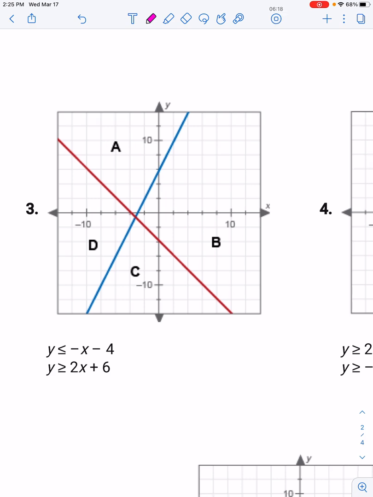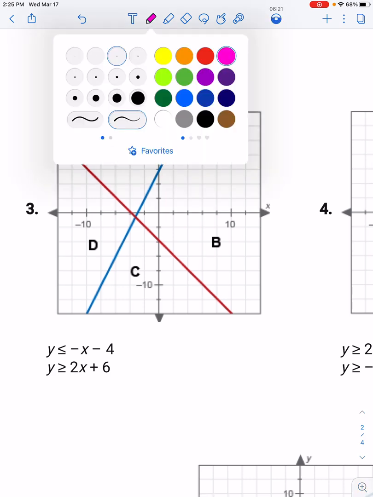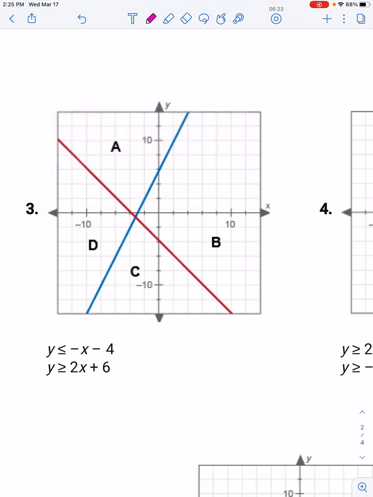I always like to label my lines, which is which. If I count up 2, 4, 6, this is the blue line and this is the red line. So for the red line, it's y is less than or equal to negative x minus 4, and y is greater than or equal to 2x plus 6.